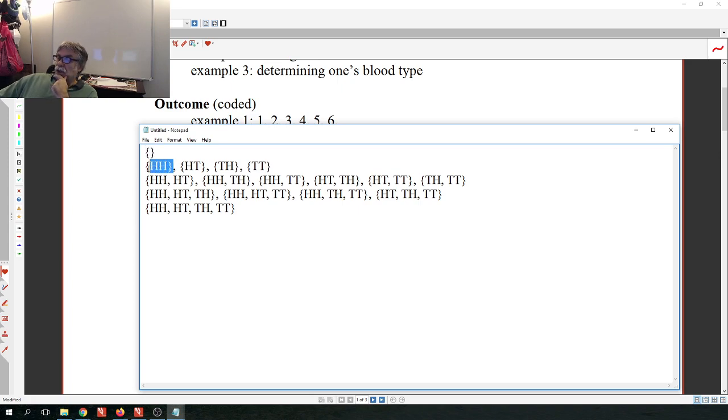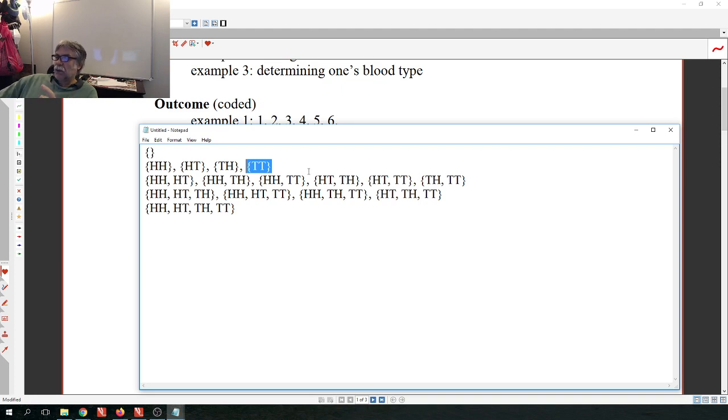The second one is one thing in it, HH. The third one is again one thing, HT. The fourth one is one thing again, TH, and the fifth one is one thing again, TT. These are called singletons. A singleton is a set with one element, one thing in it.